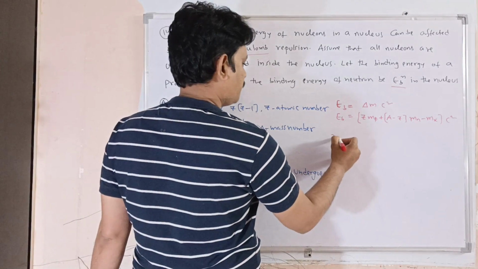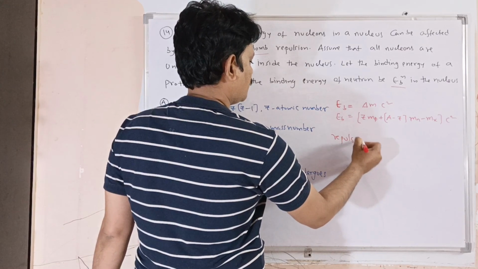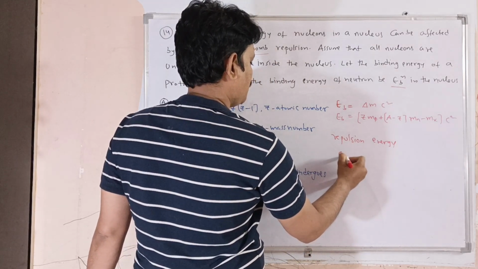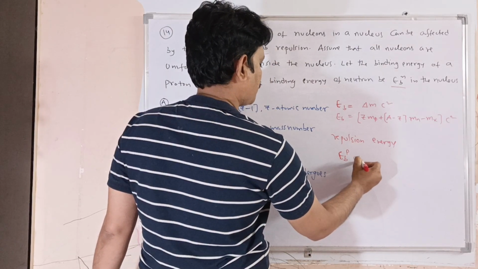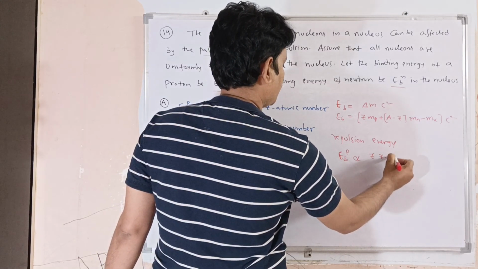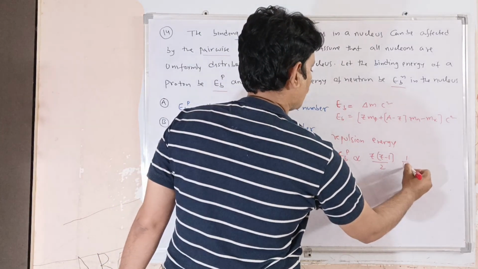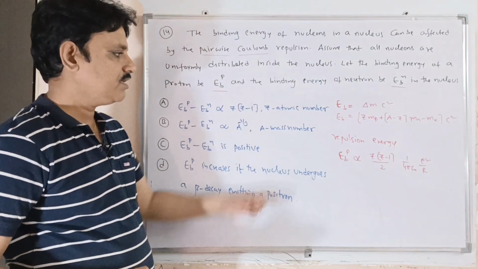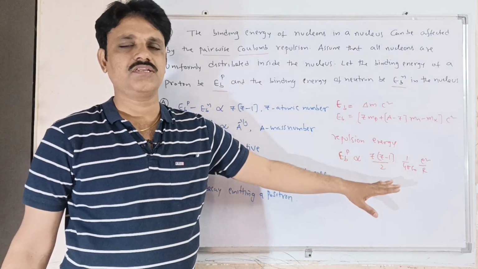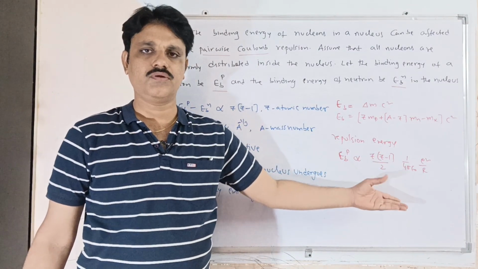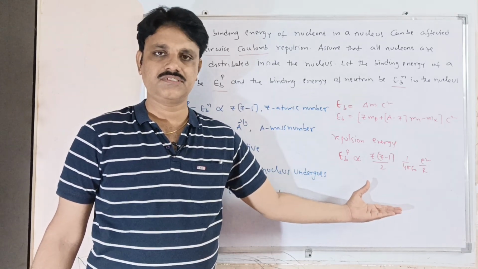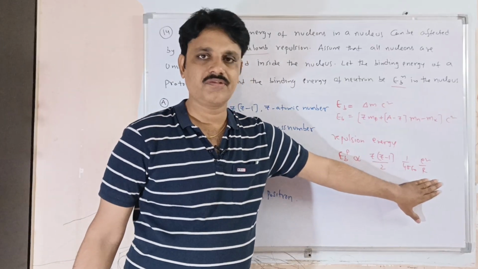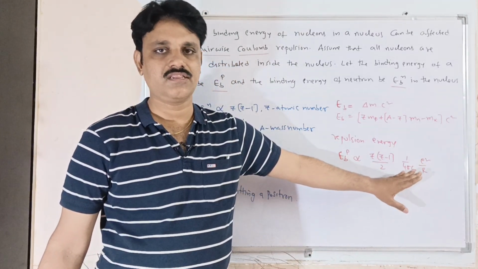So due to the protons only, the nucleus faces repulsion energy. That repulsion energy due to the protons, EBP, is proportional to Z into (Z minus 1) by 2 into 1 by 4 pi epsilon naught E square by R. Generally, the potential energy term, 1 by 4 pi epsilon naught Q1 Q2 by R, is the electrostatic potential energy.